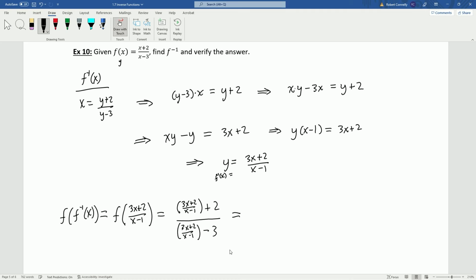And now we've got a little bit of algebra to do here. So I'm going to find a common denominator for the top and bottom, which is going to be the x minus 1 here. So this is 3x plus 2 over x minus 1 plus 2 times x minus 1 over x minus 1. So I just multiplied 2 by x minus 1 over x minus 1 here. And then I'm going to do the same thing down here.